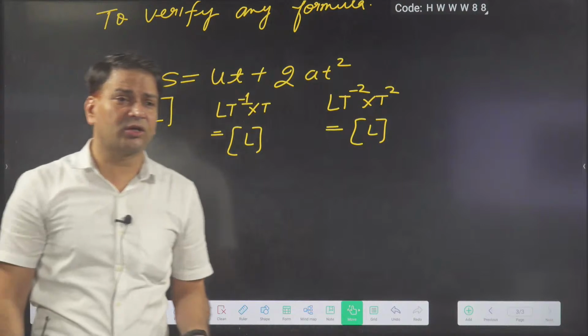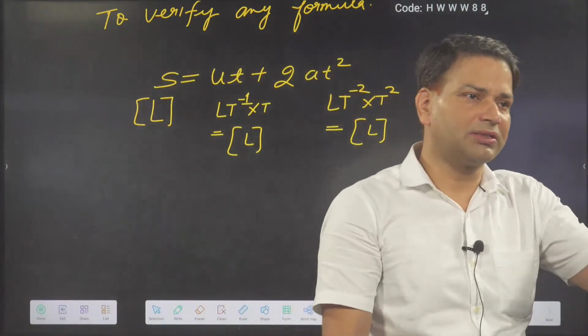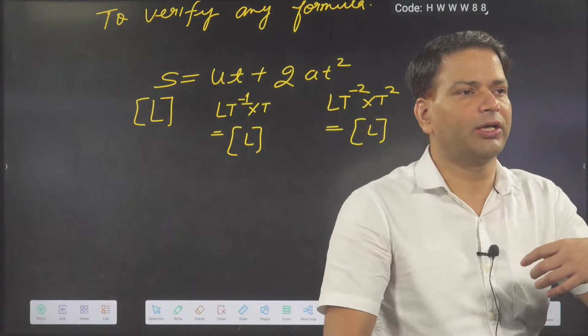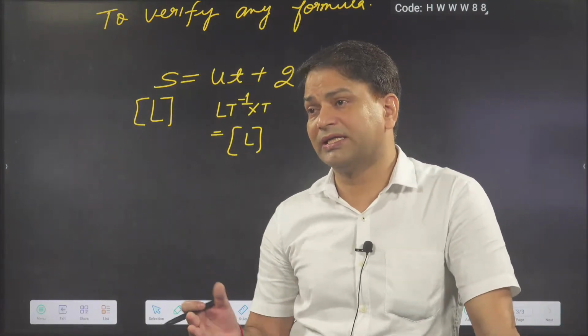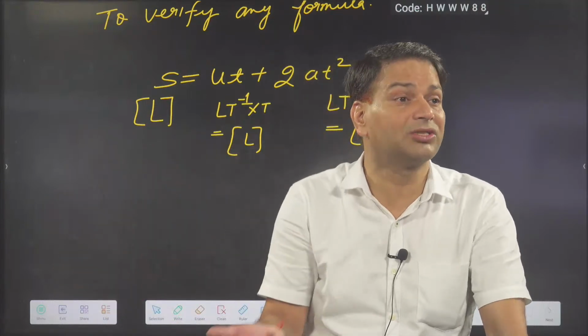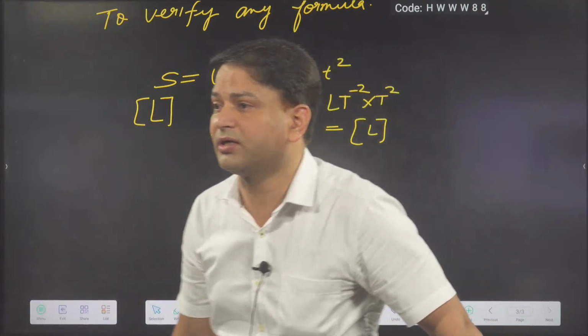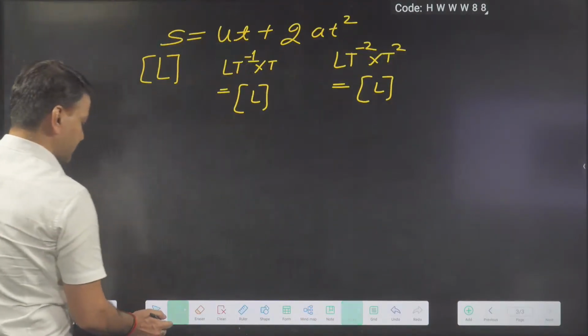But is it the correct equation? No. Why? Because the actual equation is half at square, but what I have written here is 2at square. So this equation is dimensionally correct, but it is not the actual equation because constant we cannot verify by using dimension. Everybody getting or not? So this equation is dimensionally correct.